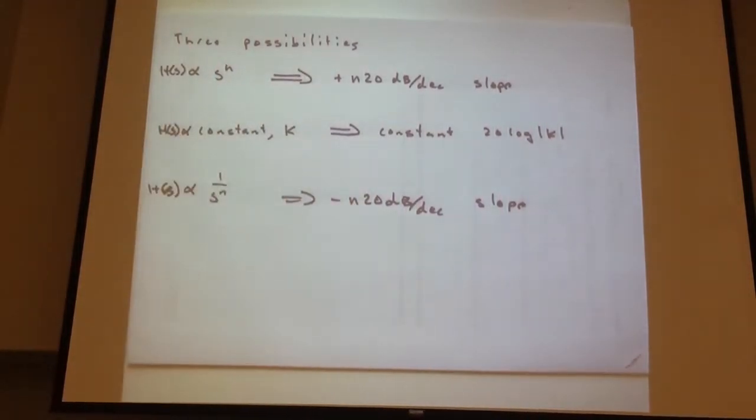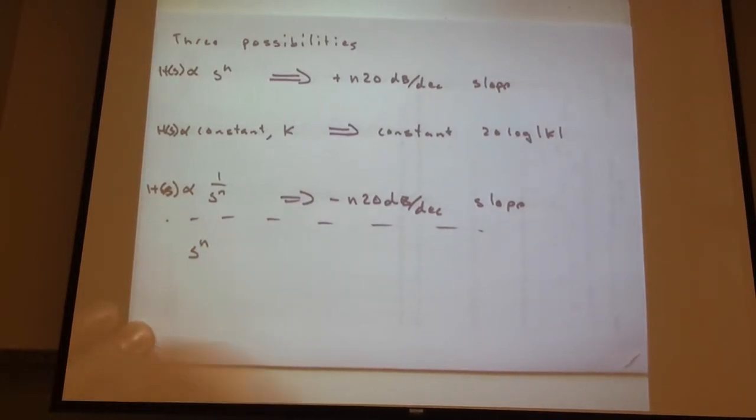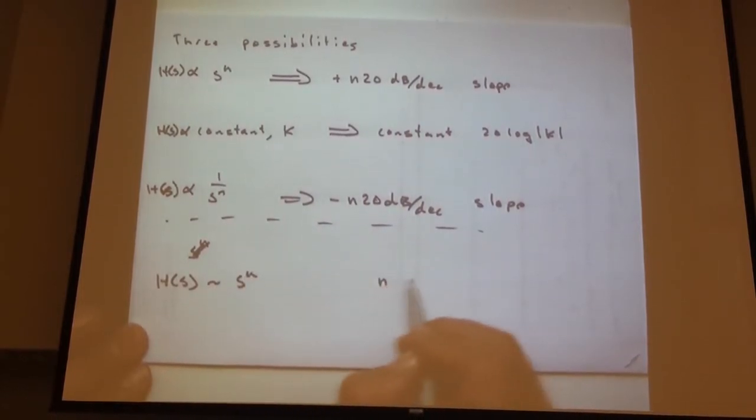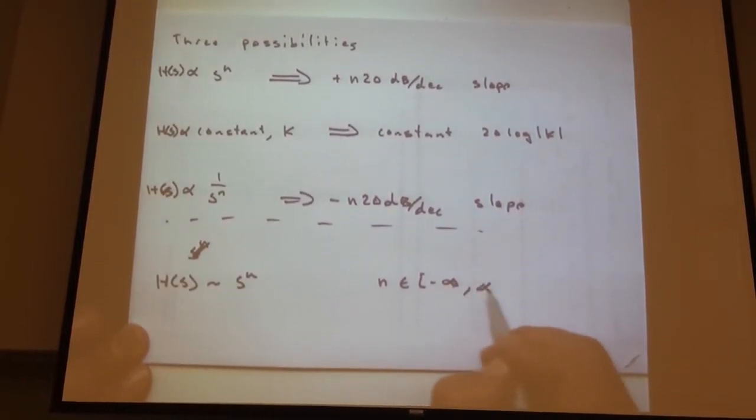These are all different versions of each other. I mean, ultimately, we could say everything correlates to s to the n, some proportionality. H of s is approximately s to the n, where n is some integer from minus infinity to infinity.